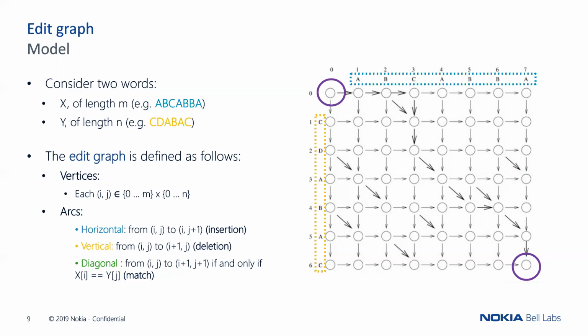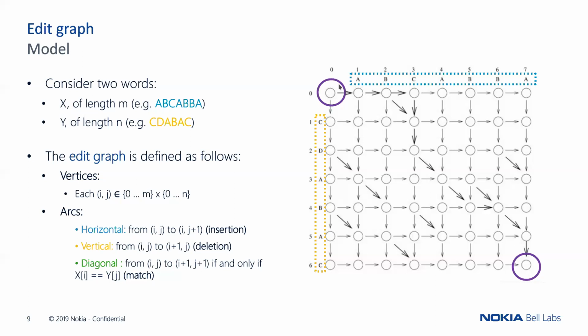This means that I progress on the string Y, while I stay at the same position on the string X. Conversely, I could do deletion, so I move along the string X while I stay at the same place on the string Y. This is a deletion operation.